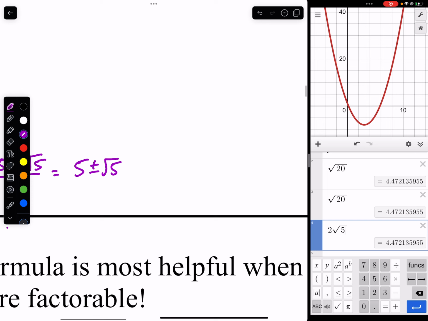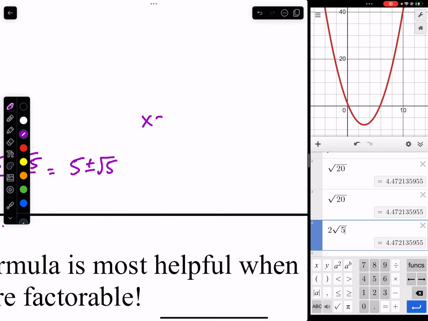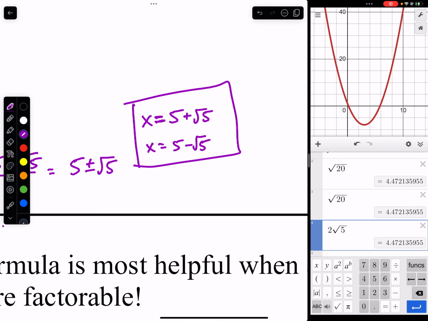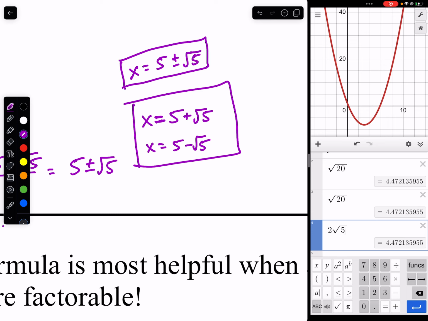Now remember, that's really two answers, so now I would separate it just so I can see the two solutions. 5 plus square root of 5, and x can also be 5 minus square root of 5. So you can write your answer like that, or like this. Just understand that that means two different answers.